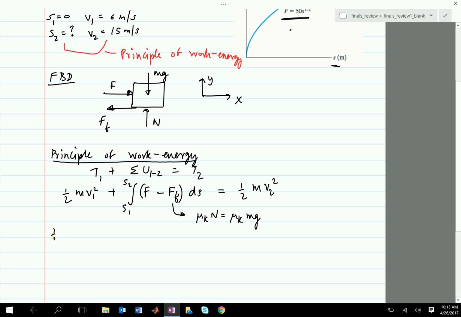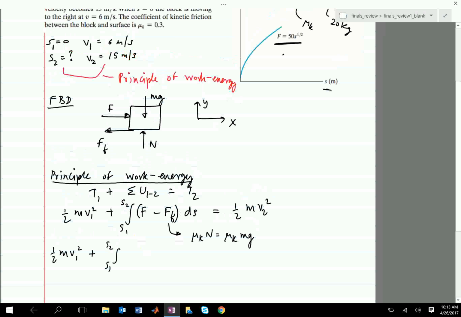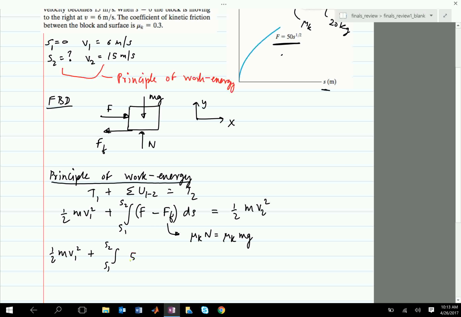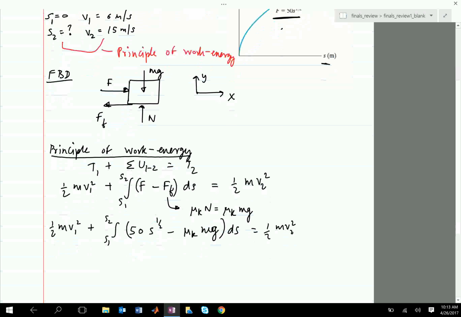So what I have here is the integral of F, which is 50 s to the half, minus mu k m g times ds, equals half v2 squared.